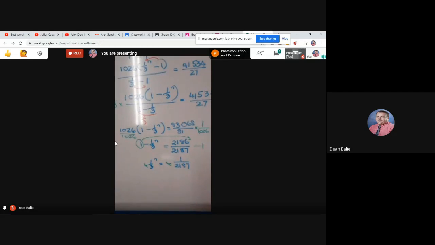And now the trick is to be able to find what 2,187 is as a power of 3. But fortunately for us, we don't need to worry about that because we can simply change this into log form. So we get log base 1/3 of 1 over 2,187, and whatever answer I get there must be the answer to n.